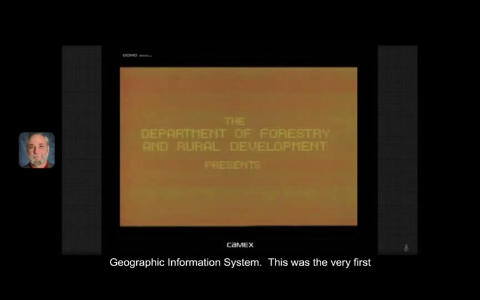This was the very first GIS ever to be produced. There were academic software packages being played around with at various universities, including Harvard, but the very first operational GIS was the Canada GIS, produced by the father of GIS, Roger Tomlinson, whom you saw a picture of in the previous movie.